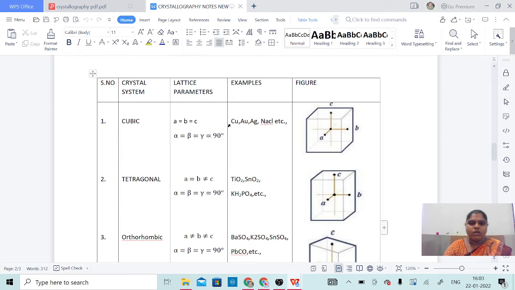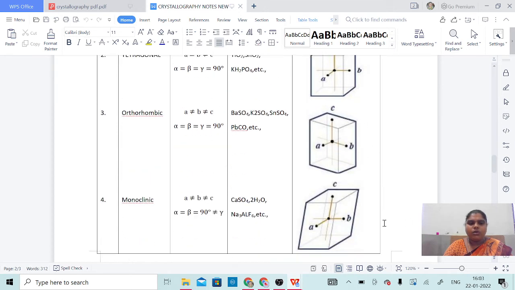Next, tetragonal: a equals b but not equal to c, so c is different from a and b. Alpha equals beta equals gamma equals 90 degrees, so all interfacial angles are 90 degrees. This is the shape of the tetragonal crystal.